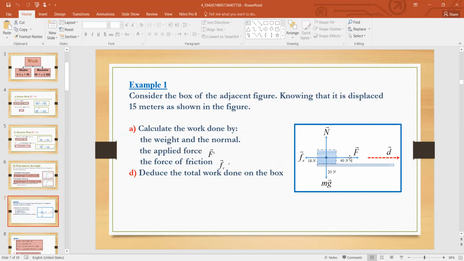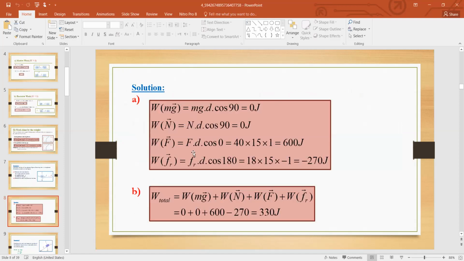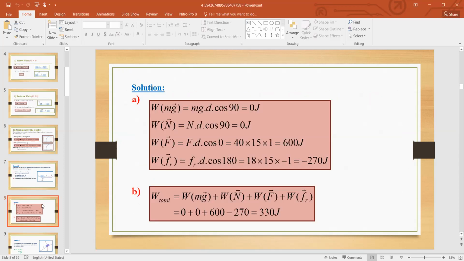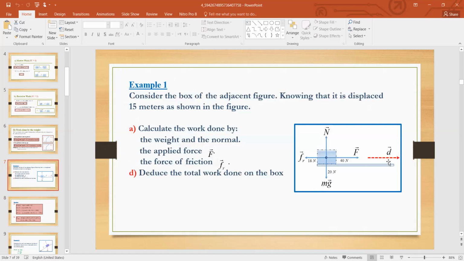And work done by capital F is F vector dot D vector, which is F D cosine 0, because the angle between the force and the displacement D is 0. So work done by F is motive. Work done by friction is Fr dot displacement, but Fr is opposite to the displacement.